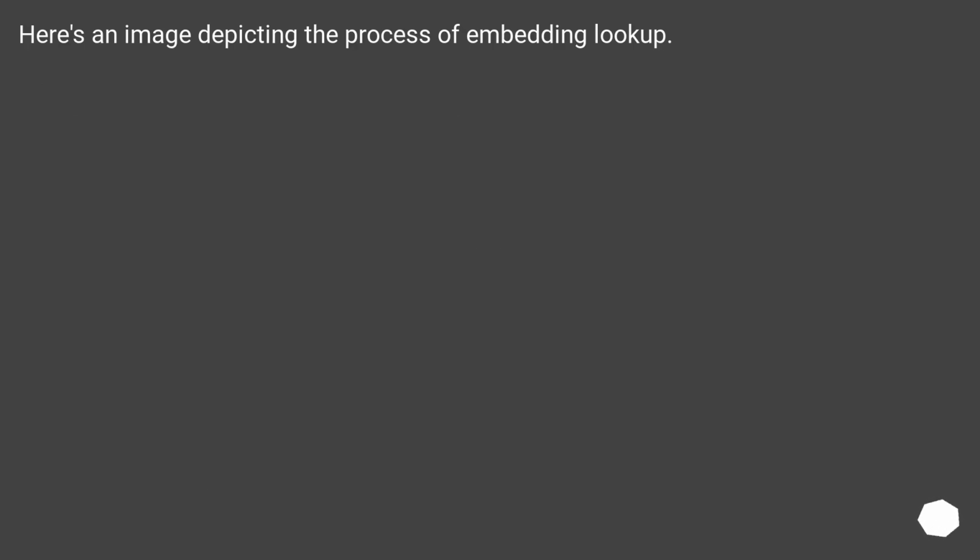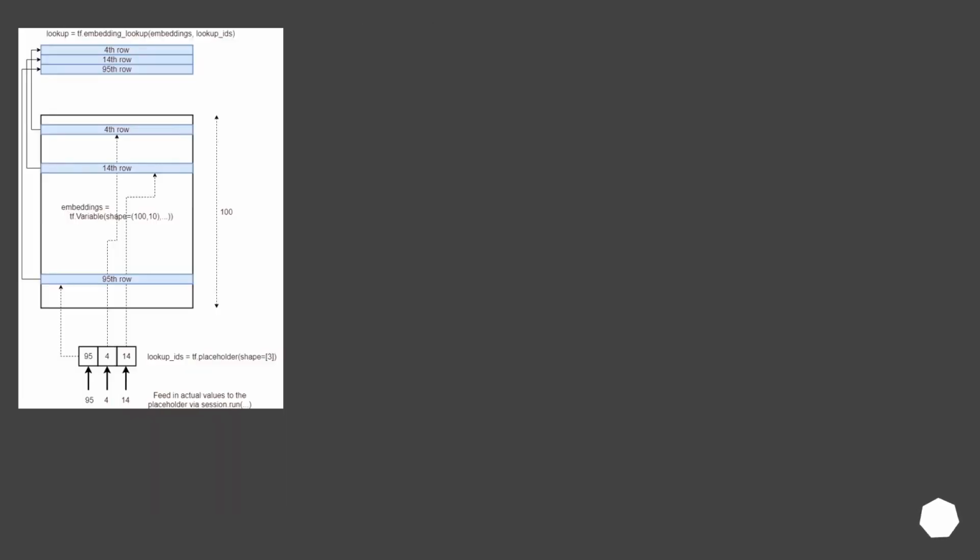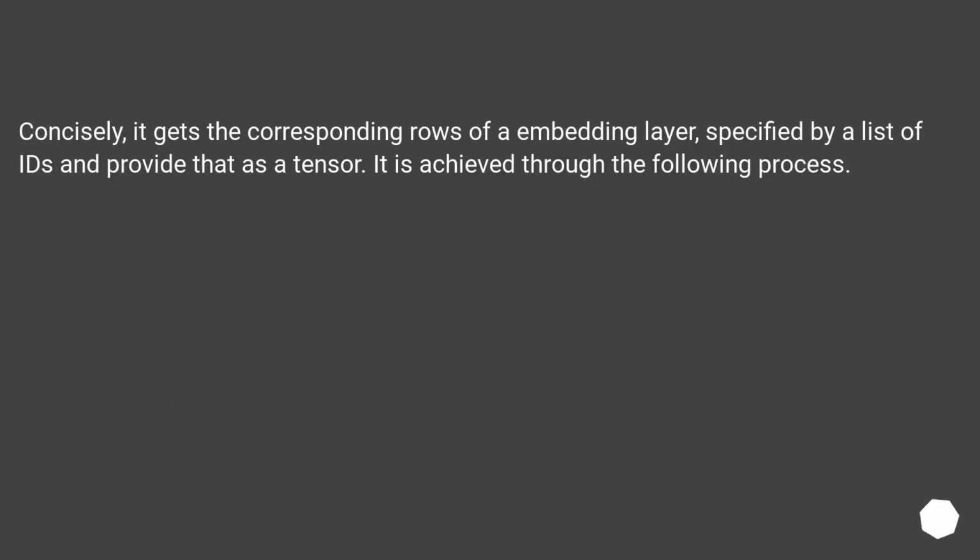Here's an image depicting the process of embedding lookup. Concisely, it gets the corresponding rows of embedding layer, specified by a list of IDs, and provide that as a tensor. It is achieved through the following process.